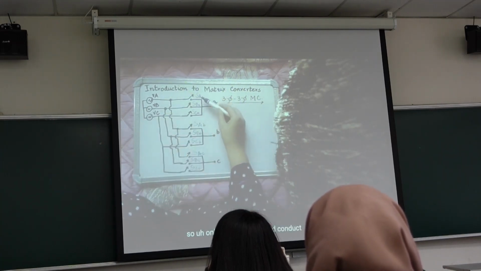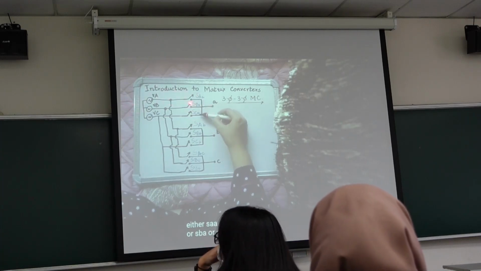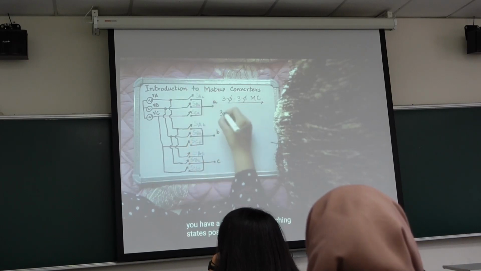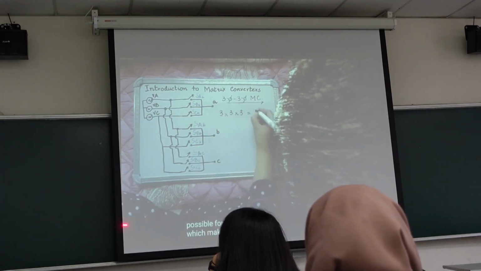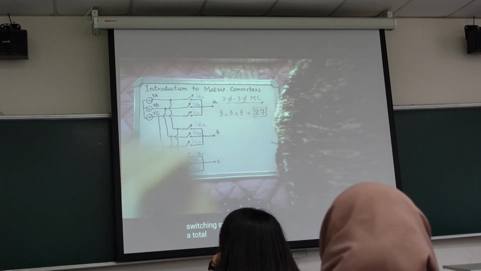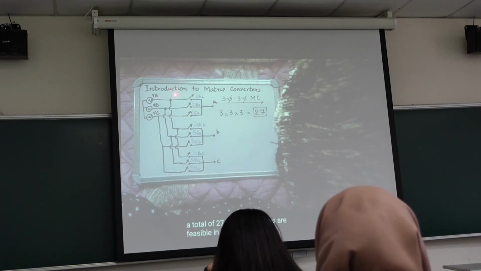Only one device should conduct, either SAA only, or SBA only, or SCA only. So you can turn on one switch. In this group, a total of 3 switching states are possible, for the other group a total of 3, and for the third group a total of 3. So how many switching possibilities do you have? 27. A total of 27 switching states are feasible in a matrix converter.